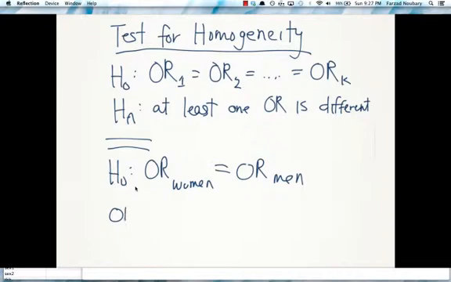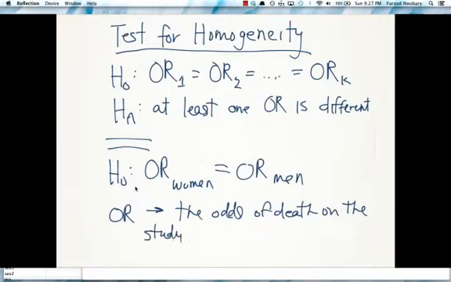And here, when we talk about the odds ratio, again, it's always important to be very explicit about what you're looking at. We're talking about the odds of death on the study, which is another way of saying death during the study, the odds of death on the study for those with TB versus those without TB.